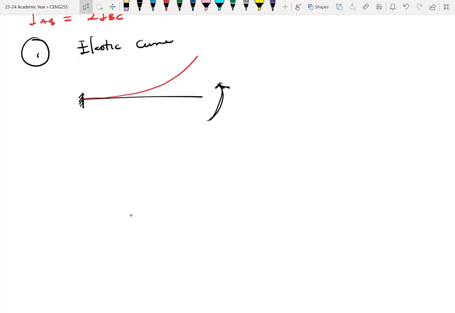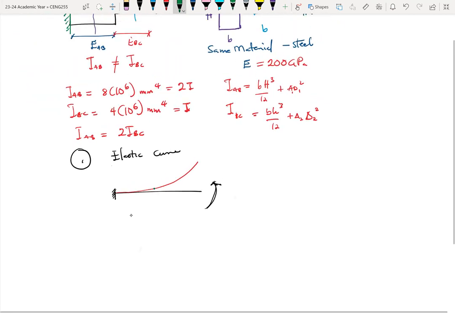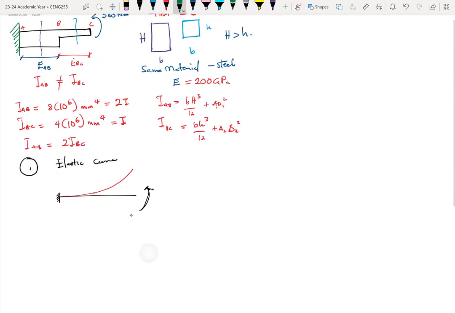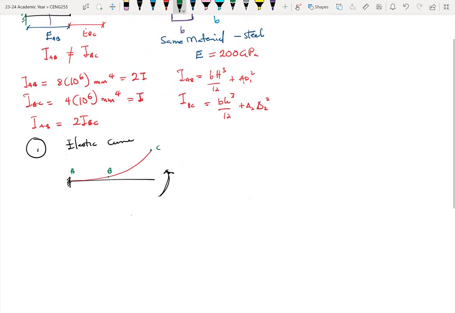So here I have my point B on the curve and my point C on the curve. Point A will still remain where it is because it's the support.